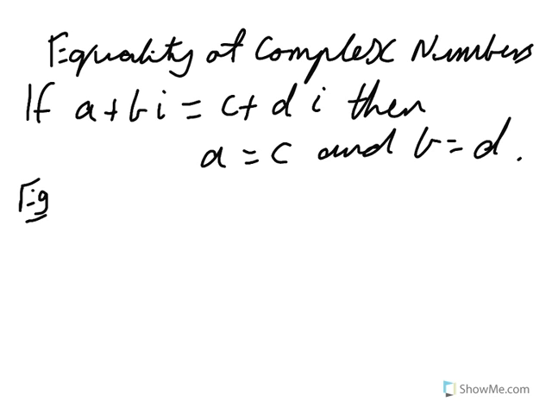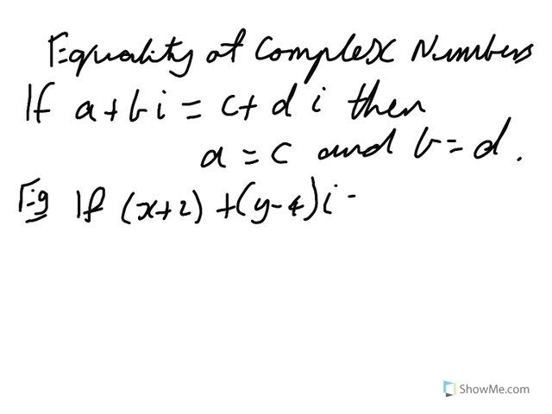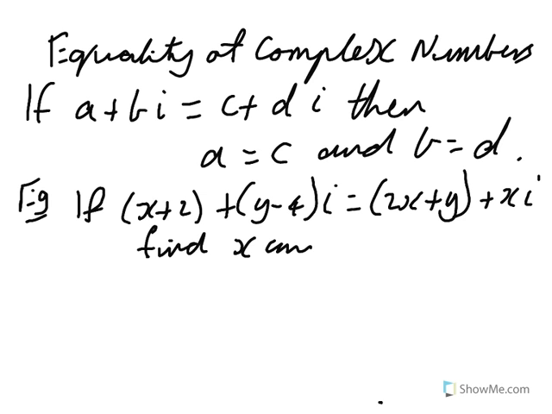So, for example, if x plus 2 plus y minus 4i equals 2x plus y plus xi, then we can solve for x and y. We can solve for x and y in the following fashion, because we know that the real parts, x plus 2 and 2x plus y, have got to equal each other.